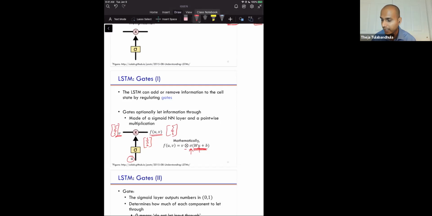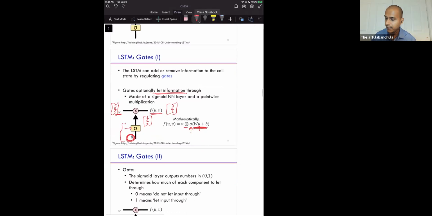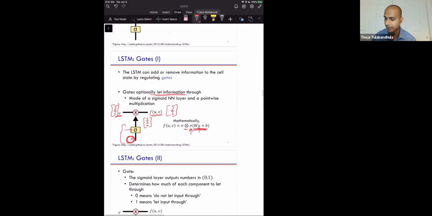And then you do the element-wise multiplication. Then you exactly achieve what you wanted, which is to only optionally let some information flow through. Okay, so this is an example of a gate. The gate is controlled by local parameters and a controlling input u. Any questions about this? We'll see several instances of gates in the LSTM block now, in the next 2-3 slides.